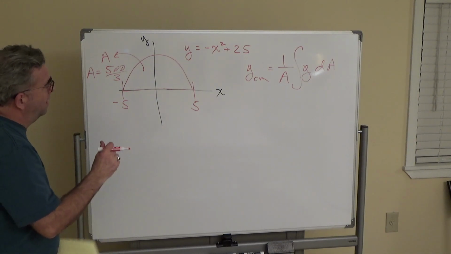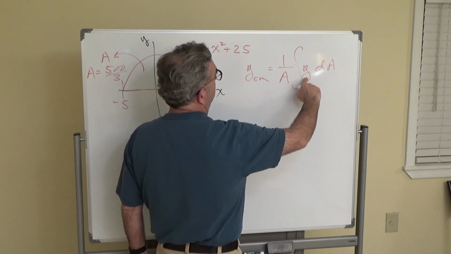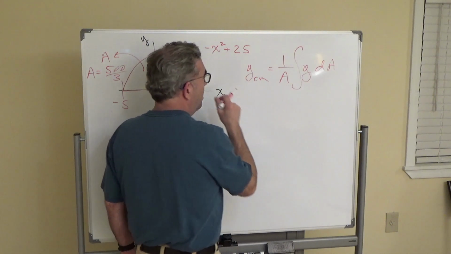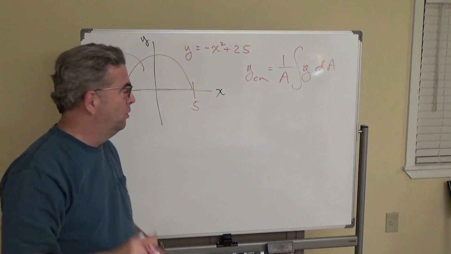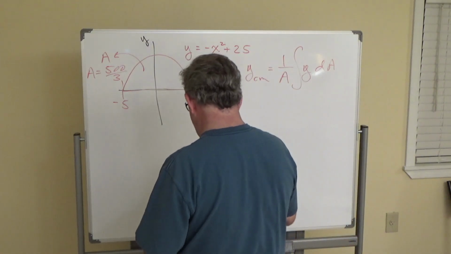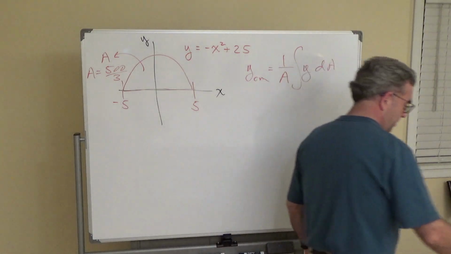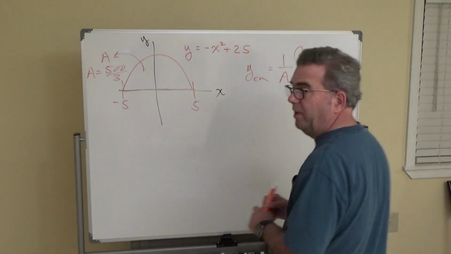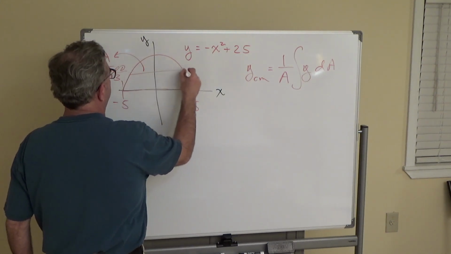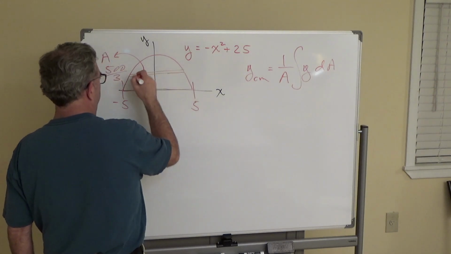So now I've got to do this integral, the integral of y times dA. Okay? So I've got to break this up into little strips of area. And here's the way I'm going to break up those little strips. Let me get a different color. Hopefully this will show up. So here's a little strip of area.